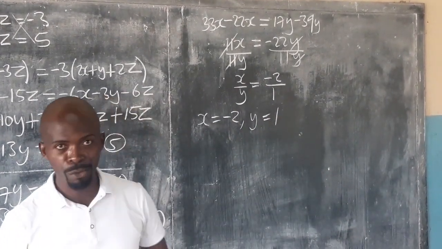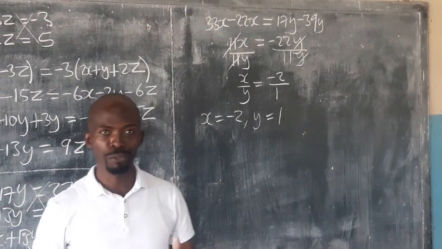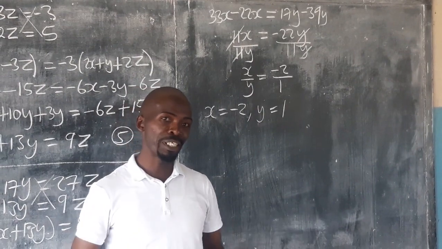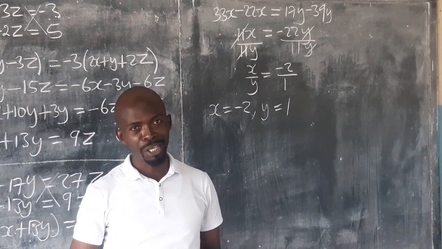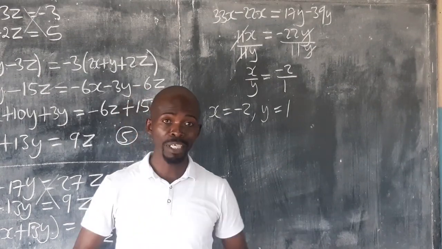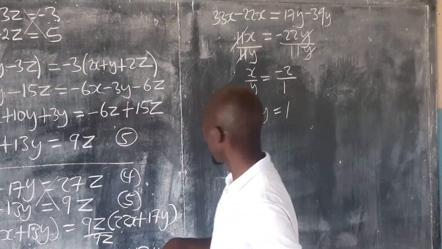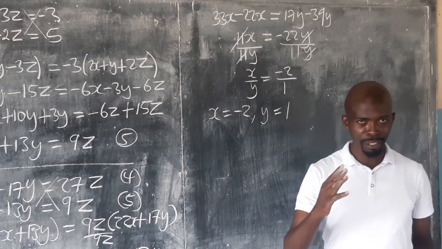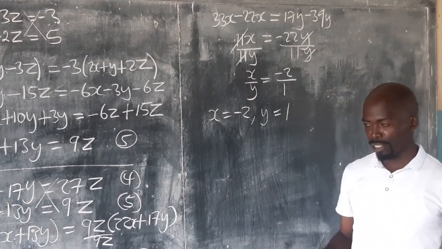These are critical values, they are not the final solutions. They need to be scrutinized or tested using the fourth. And before we scrutinize them, I make that emphasis. Before we scrutinize these, we first need to find another critical value, which is the z.